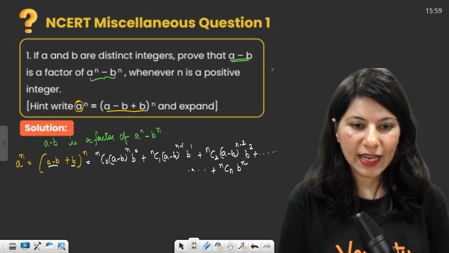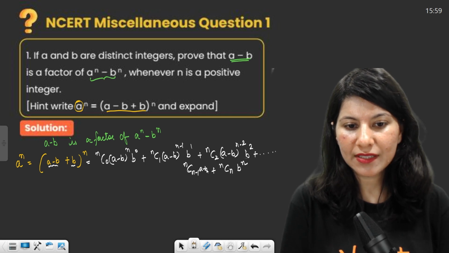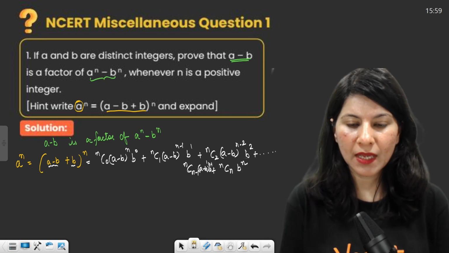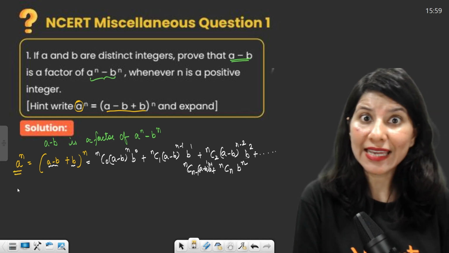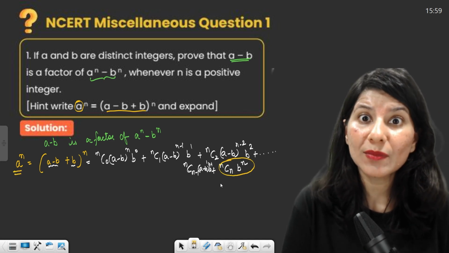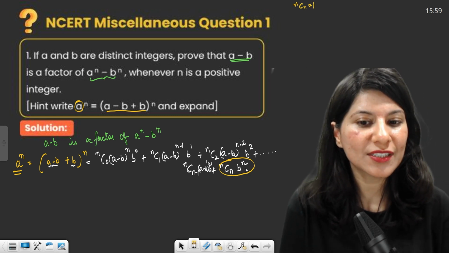A term previous to that would be nC(n minus 1) (a minus b) raised to power 1 b raised to power n minus 1. Now a raised to power n is right here, and the last term is actually b raised to power n because nCn is 1.